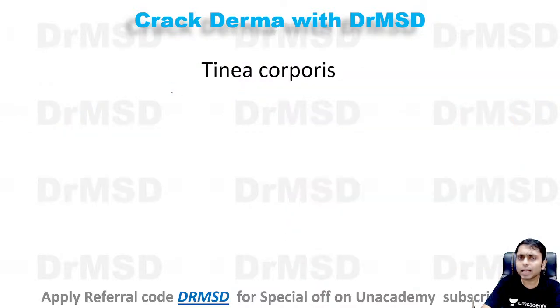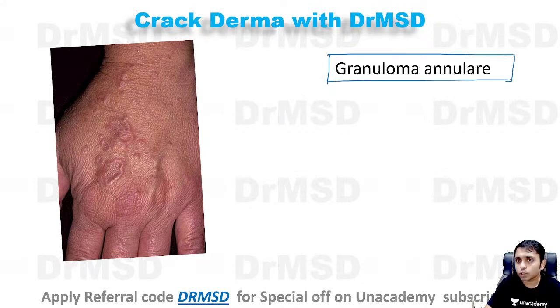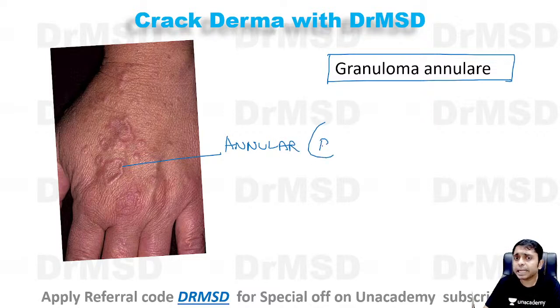Okay, so let us see a few of the other options, points which are going to be in favor of the other options. So granuloma annulare, even this condition will look like an annular lesion. If you see this lesion, it is also annular, but at the periphery we can see beaded papules.